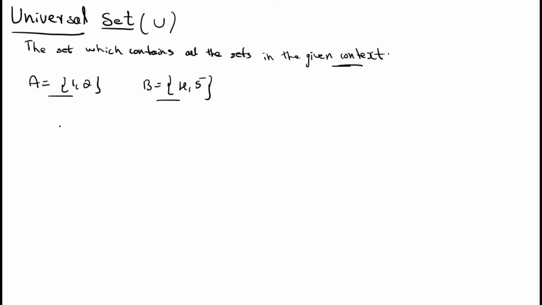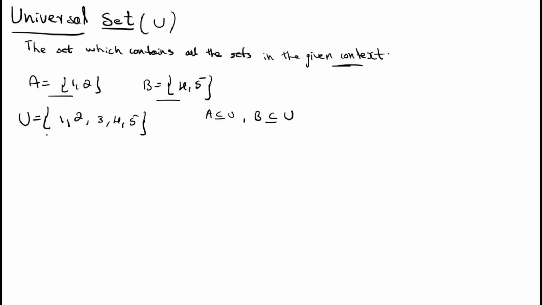You need to write one set U such that all the sets are subsets of U. That means you can take 1, 2, 3, 4 and 5. In this case, A is a subset of U as well as B also a subset of U.